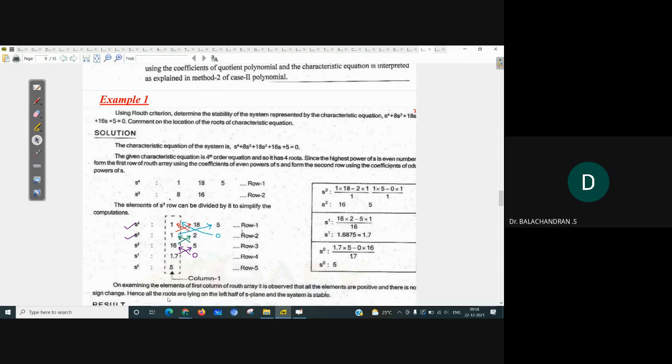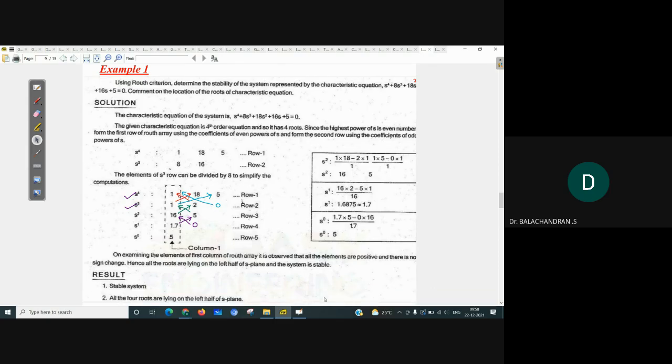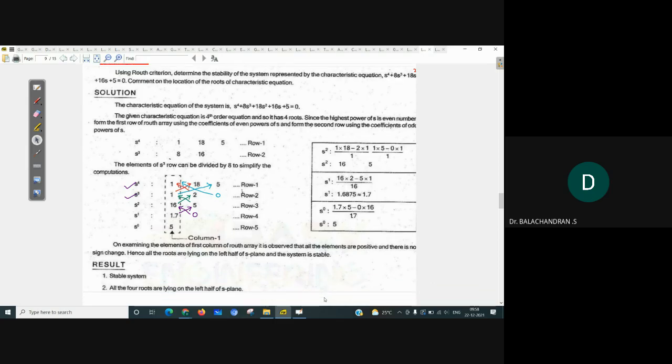Hence, all the roots are lying on the left half of the S plane and the system is stable. So this comes under case 1. So the result is a stable system. All the 4 roots, because this is a 4th degree equation, are lying on the left half of the S plane.